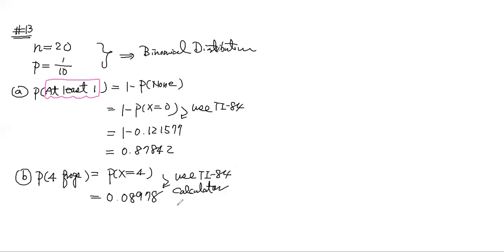What is the function you use? You use the second DISTR, then you go to the binomial PDF, right? Okay, so that's how you find it.